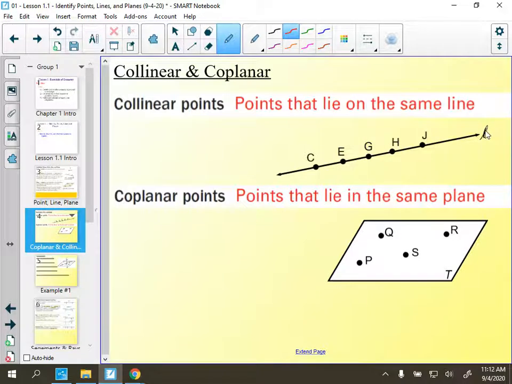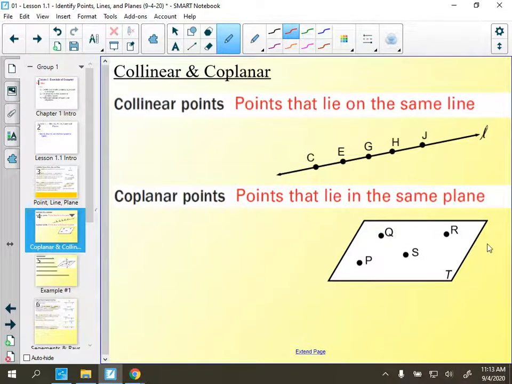I could say line L contains points C, E, G, H, and J. I could also write points C, E, G, H, and J are collinear on line L. That would be another way to describe this figure.